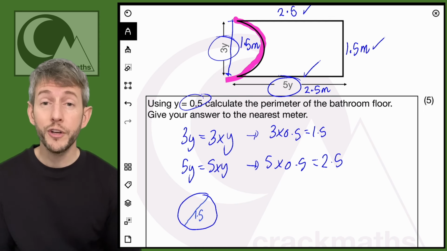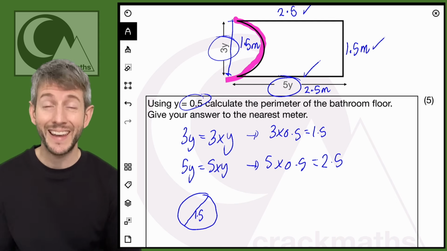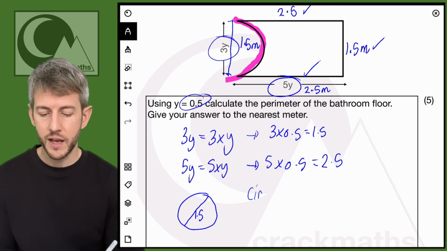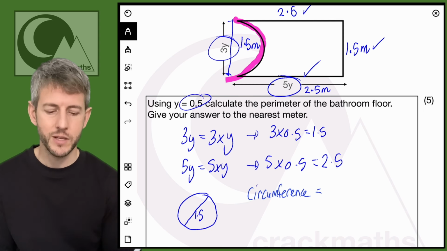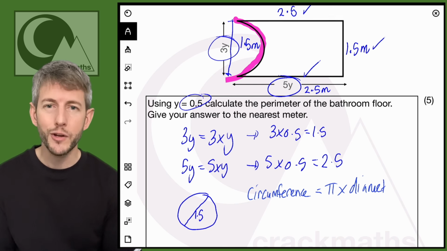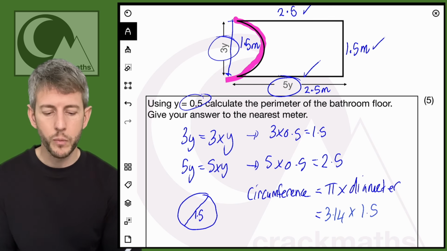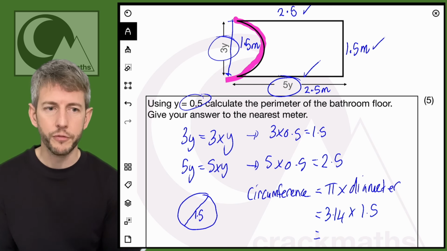Now, what you're going to need to remember for this question is the formula for the circumference of a circle. So if you can't remember it, the circumference of a circle equals pi times the diameter. And remember, pi equals 3.14. So the circumference of this circle is going to be 3.14 times 1.5.